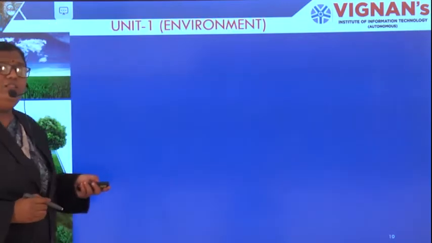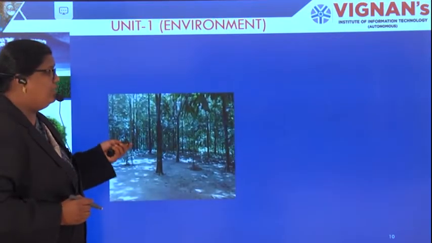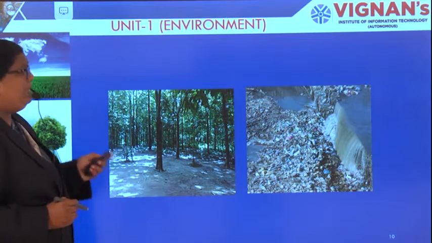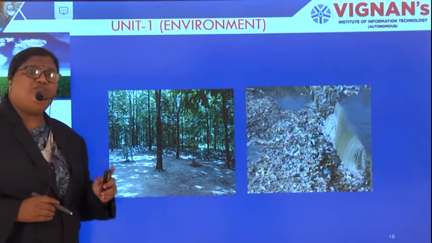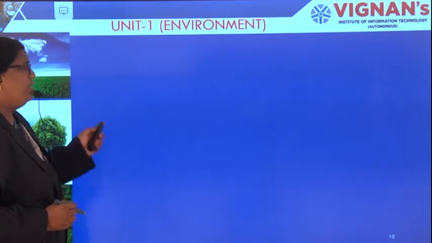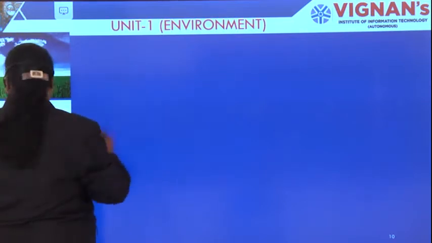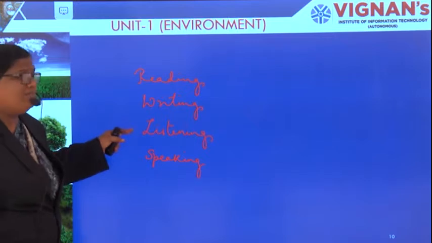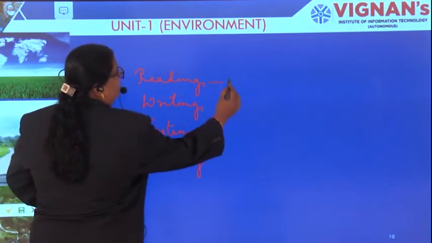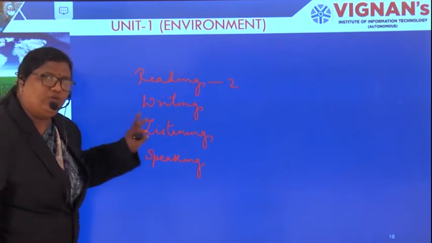Now coming to the syllabus. So the first unit is environment. Each unit you have 4 components. What are the 4 components? Reading, writing, listening and speaking. And for reading comprehension, 2 passages you will be working on. I'll tell you what to do.